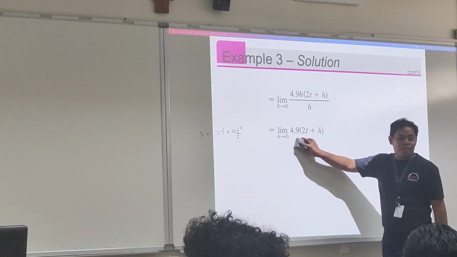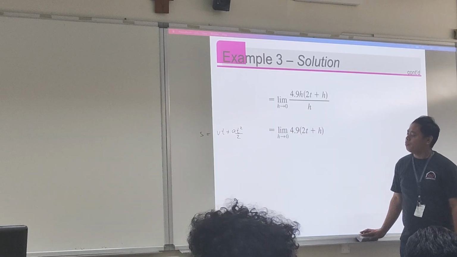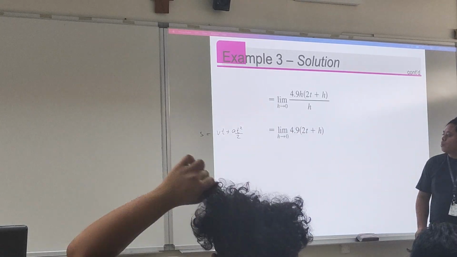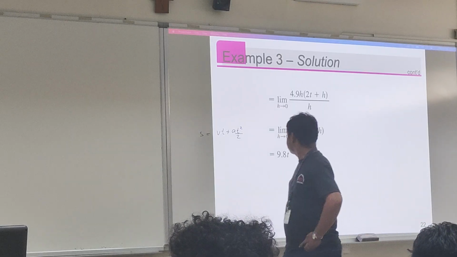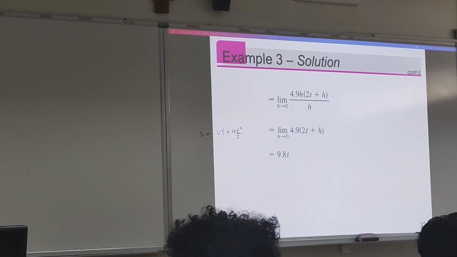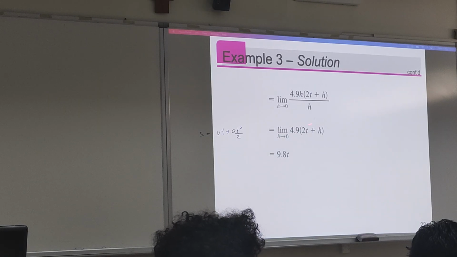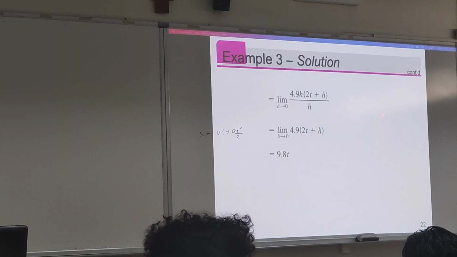Now you can apply the limit laws for this one, with the properties of limits. So this h here is 0 now, and this one is constant, 4.9 times 2t. So the limit of a constant is the constant, and the limit of h is just 0.